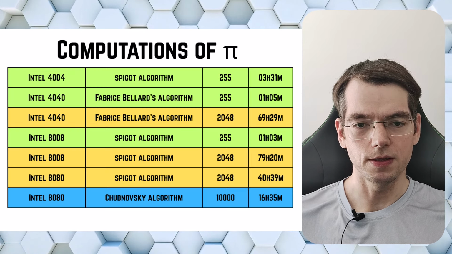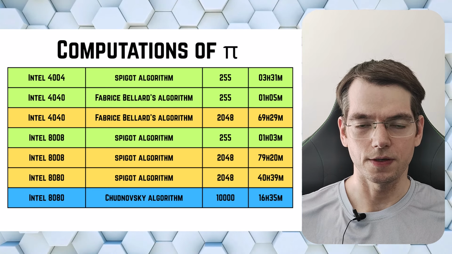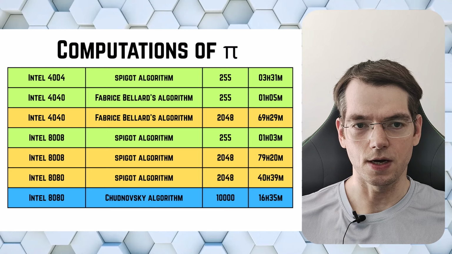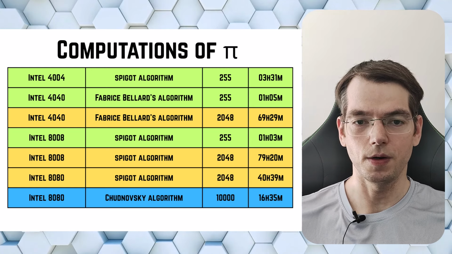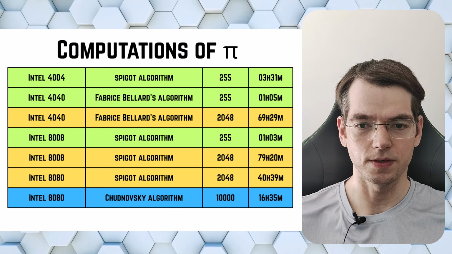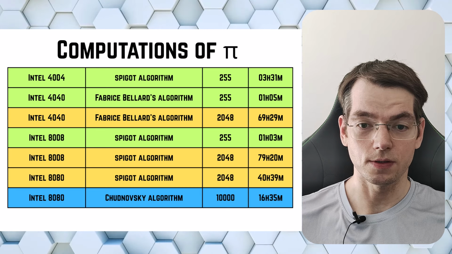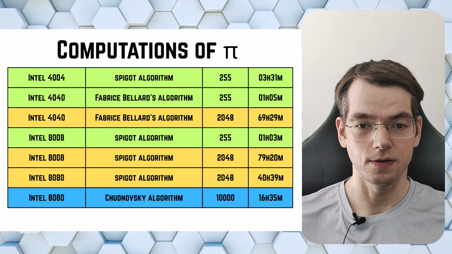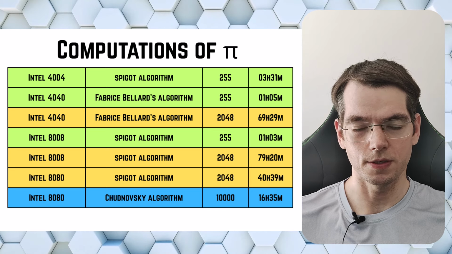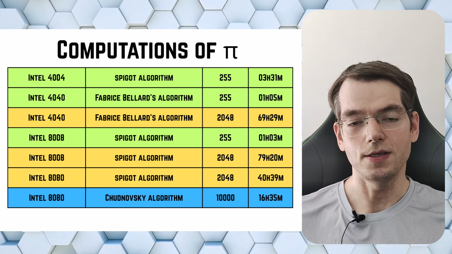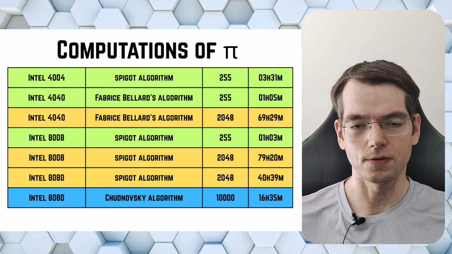Maybe one interesting detail is the difference between Intel 8008 and Intel 8080 using the same Spigot algorithm and the same digits of pi, 2048. The difference in time is just 100%. So Intel 8080 is just twice as fast as Intel 8008.